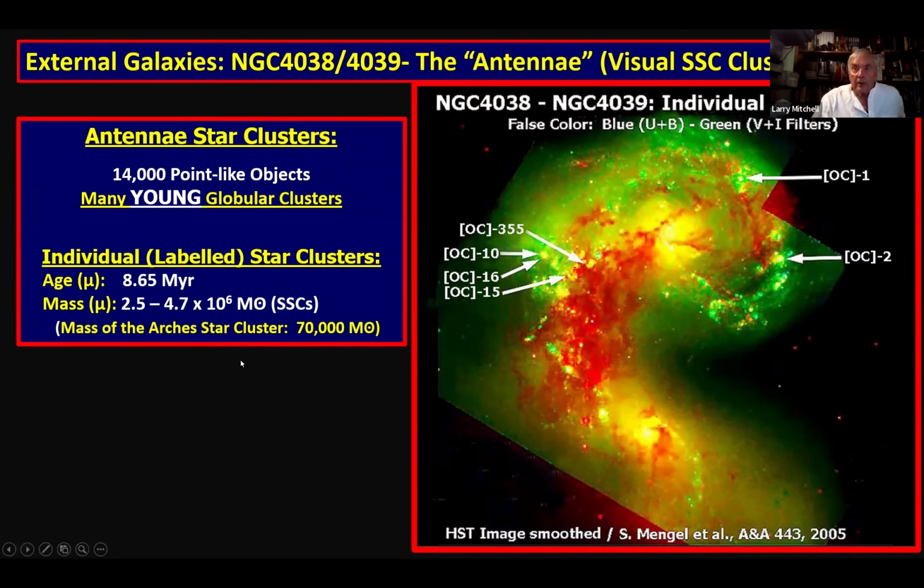But the reason is the mass of these objects. The mass of these superstar clusters are 2.5 to 4.7 million solar masses. I mentioned Arches, the largest, most massive superstar cluster in our Milky Way galaxy is only 70,000 solar masses. So these things are huge. I mentioned Omega Centaurus has a density of 4 million solar masses, and that's the core of a galaxy.